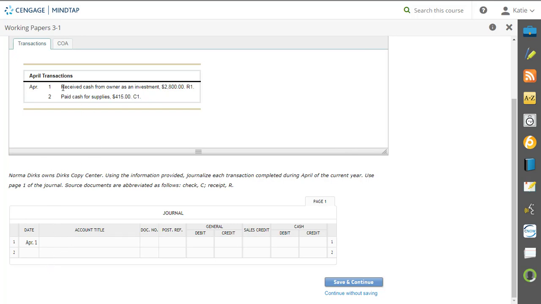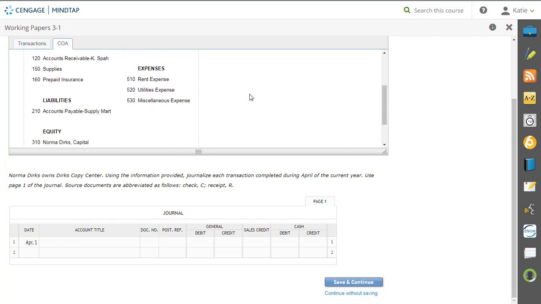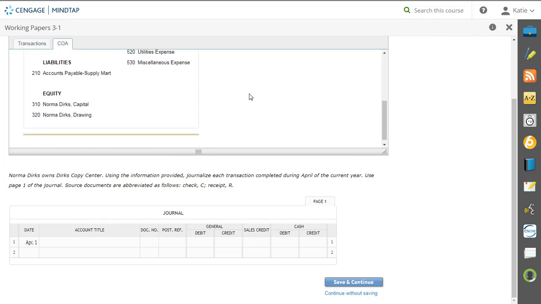So my first transaction, receive cash from owner as an investment. Well, I think we just talked about that. What are my 2 accounts, Lillian? Cash and? Yes. Okay.